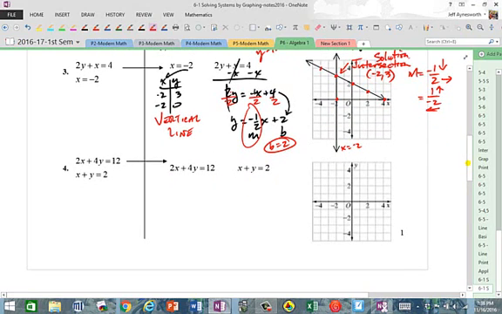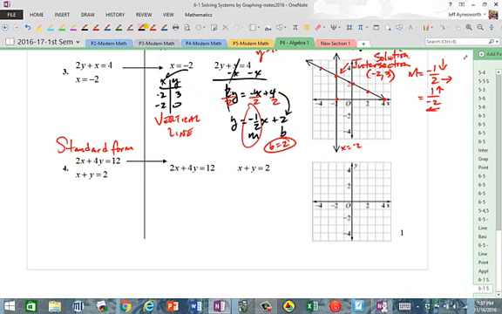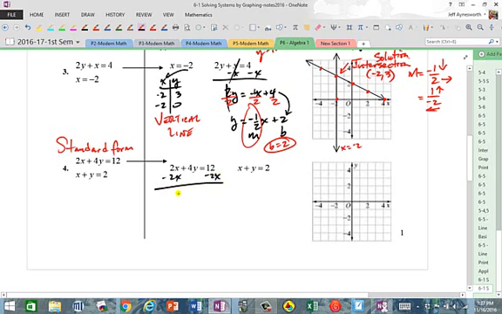Now, something a little more challenging is both in standard form. So you have to solve for y on both, or you have to use your intercept method. Whatever you choose, there are a couple of different methods, as you already know. On this one, if you solve for y, you subtract 2x. You get 4y equals negative 2x plus 12.